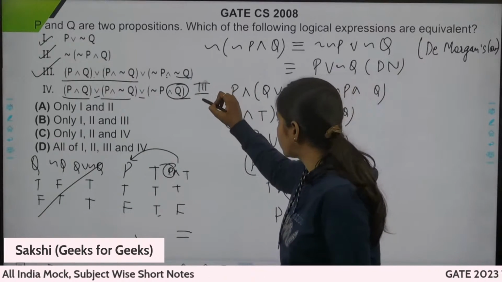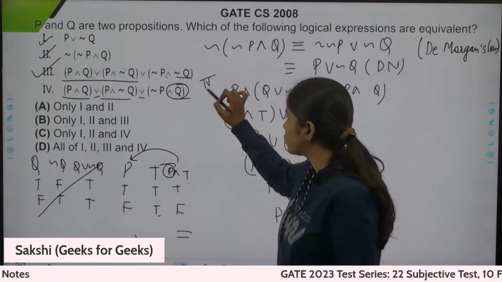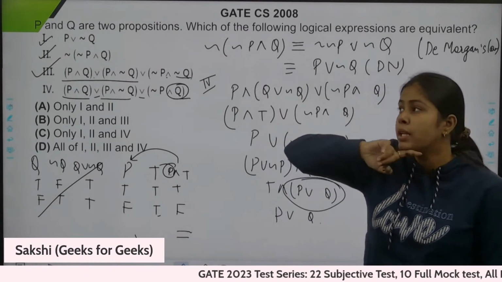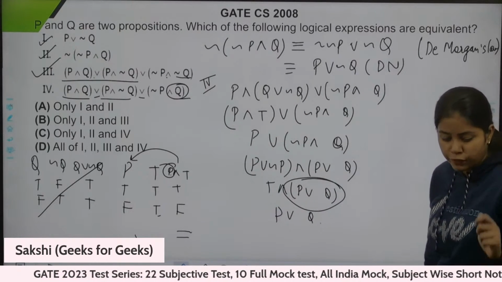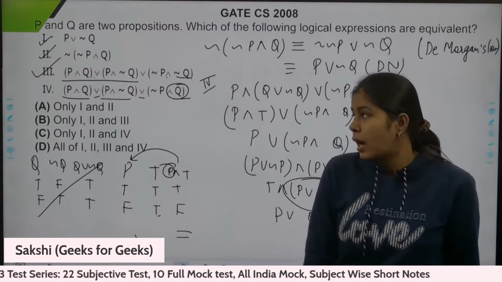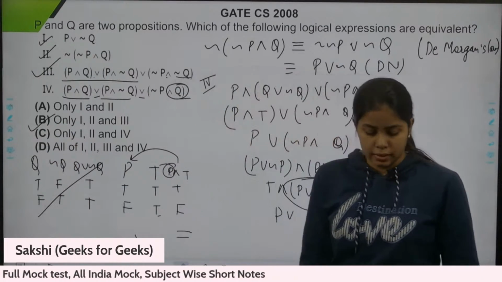So this is my fourth statement, and it is not equivalent to my first statement. That's why my fourth statement is not equivalent. Only the first, second and third statements are equivalent, and that's why option B is correct.